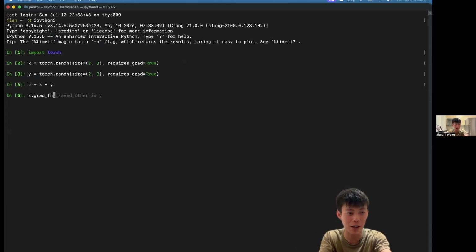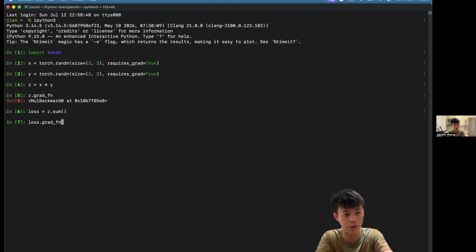So z.grad_fn is going to be a mul backward as expected. Following our example, we can call loss as the sum of the elements in z. When we call loss.grad_fn, loss is also a tensor, so loss.grad_fn will be the backward function corresponding to the operation that produced this loss tensor, which is sum. So it will be sum backward.